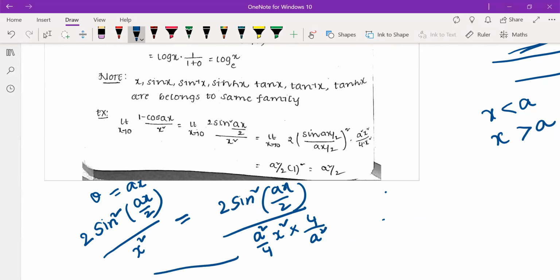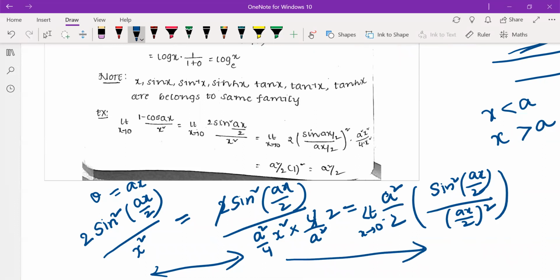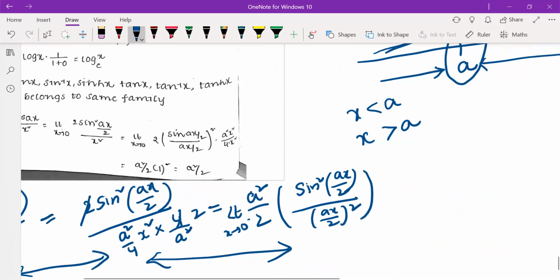These two expressions are just the same; I'm just evaluating the limit. Here it becomes 2 and a square by 2, limit x tends to 0, a square by 2 into sine square ax by 2 by ax by 2 whole square. Even these two are the same. It's just the process of evaluation.